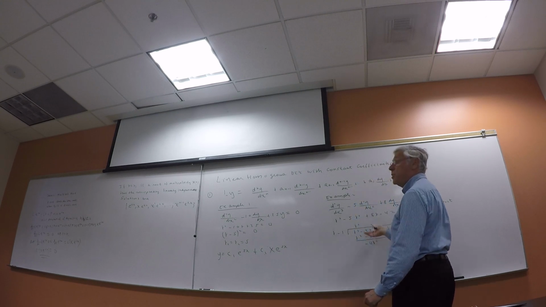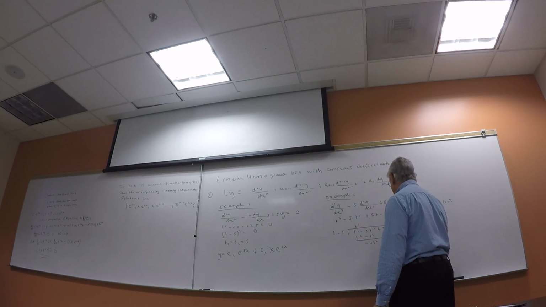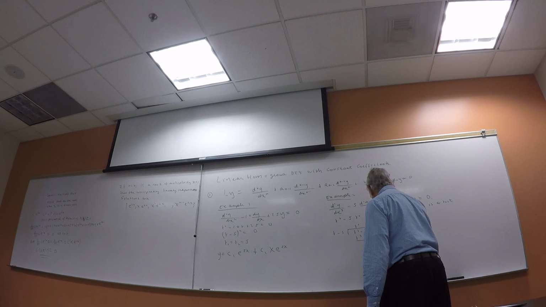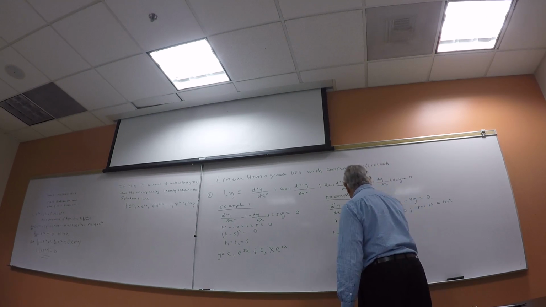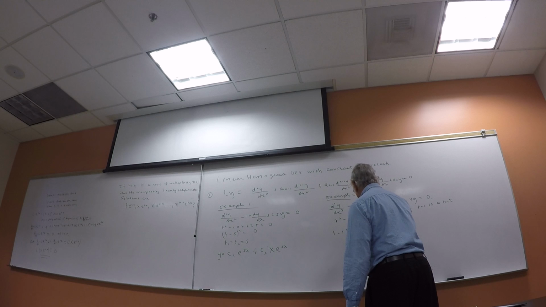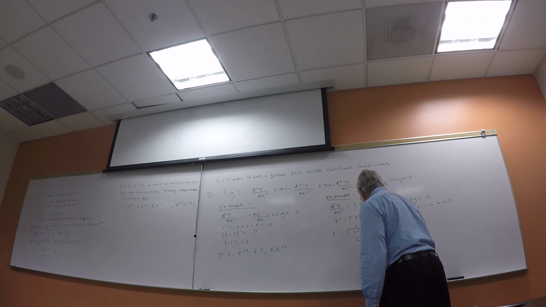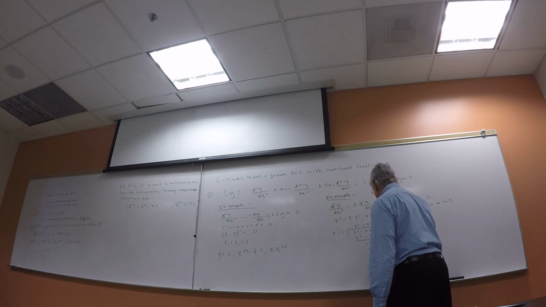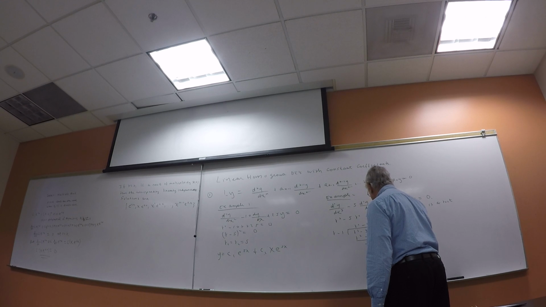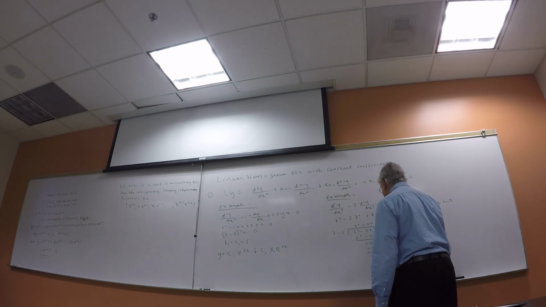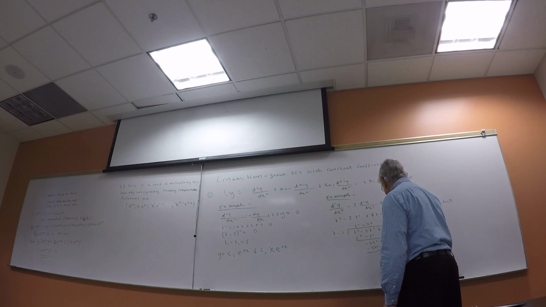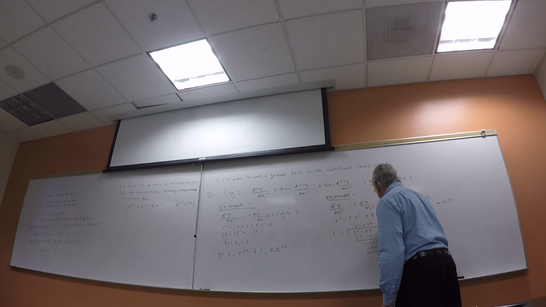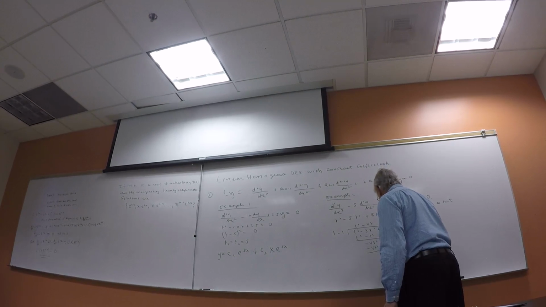Plus 8r. Then minus 4r times r minus 1 gives minus 4r squared plus 4r. Hope I did this right. And then subtracting, we get 4r minus 4, no remainder.